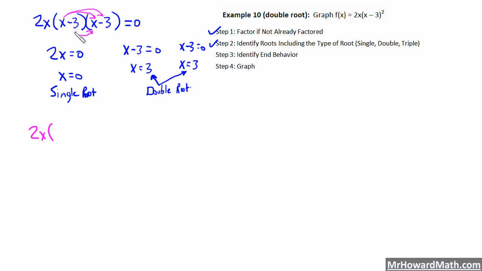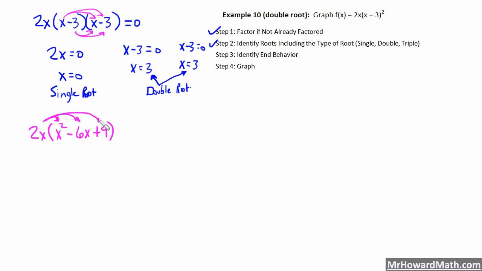by doing this right here, we're going to get x squared minus 3x and minus 3x would give us minus 6x. And then negative 3 times negative 3 is a plus 9. Okay, now we do this.